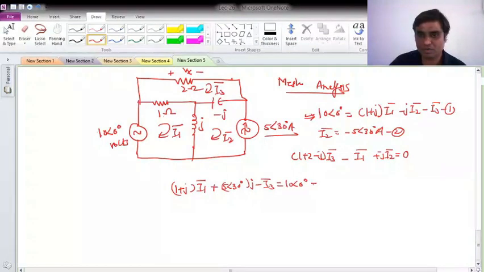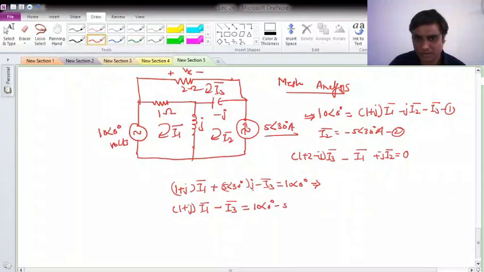So if I solve, it will be 1 plus j I1 phasor, j is 90 degrees, so here 5 with angle 120 degree. Here constant, so I will shift it to the right side. Now it will be 1 plus j I1 bar minus I3 bar, which will be equal to 10 with angle 0 degree minus 5 with angle 120 degree due to this addition of j. Okay, this is equation 1.